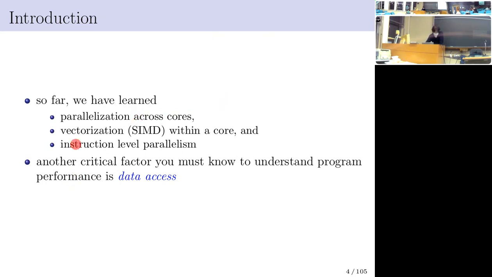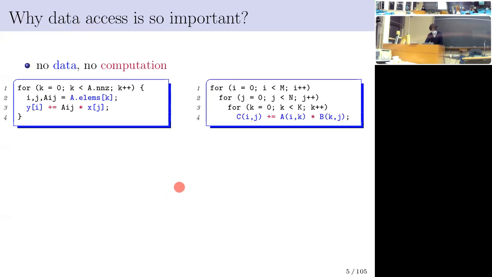So these things are about how to utilize processors efficiently. But in an actual program, another critical factor you have to know to get good performance and to understand program performance is how you access data. Why is talking about the performance of data access so important?